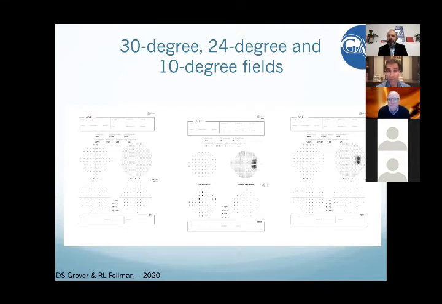It's already at an amazing point, but they're continuing to provide great real-time improvements to this technology that make our day-to-day lives so much easier, as Ron has mentioned. This is the printout that you'll see, and it's quite similar to the Humphrey visual field printout. So it's not a big mental change if you're used to looking at Humphrey visual field printouts.